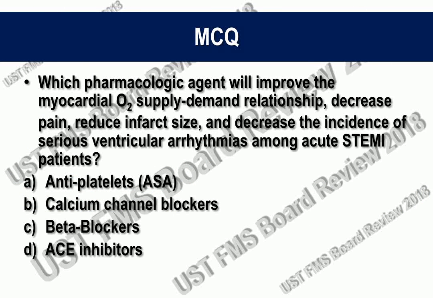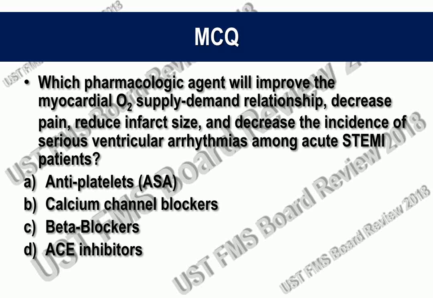Another multiple choice. Which pharmacologic agent will improve the myocardial oxygen supply-demand relationship, decrease pain, reduce infarct size, and decrease the incidence of serious ventricular arrhythmias among acute ST segment elevation MI patients?